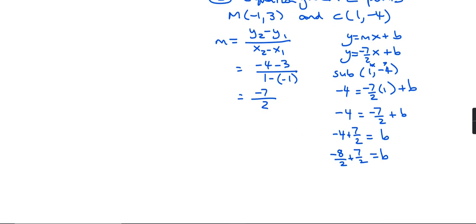Oh, they were both over 2. They're both halves. -8 halves plus 7 halves is -1 half, and that's my b. And so my final answer is that the median is the line y equals -7/2 x minus 1/2.